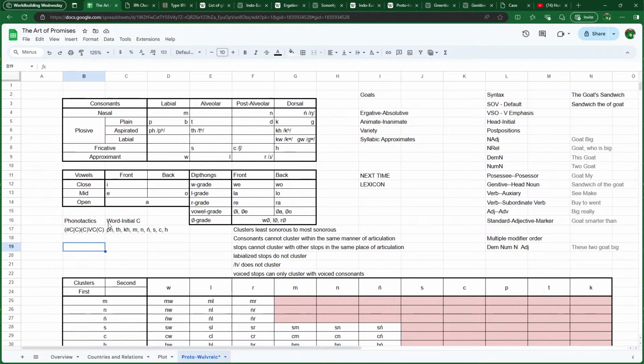We need to establish what consonants are allowed at the start of the word. So I'm going to say all aspirateds. So word initial consonants are going to be p, t, k.